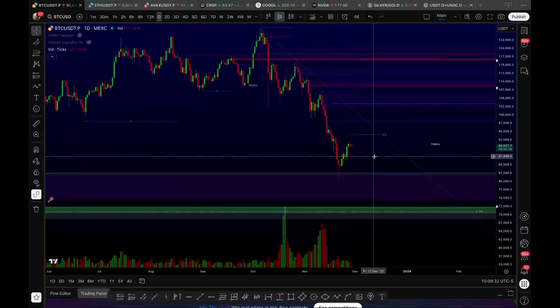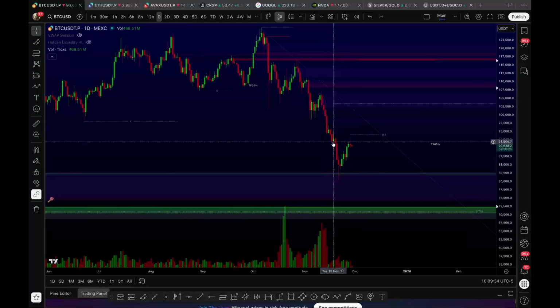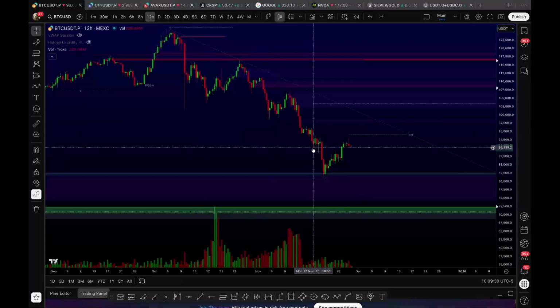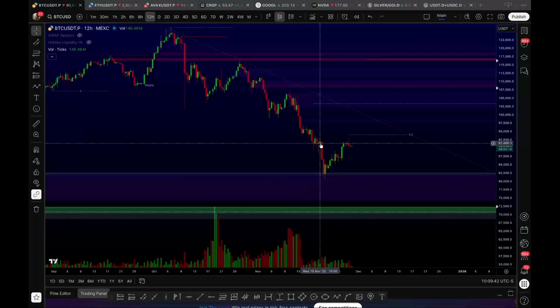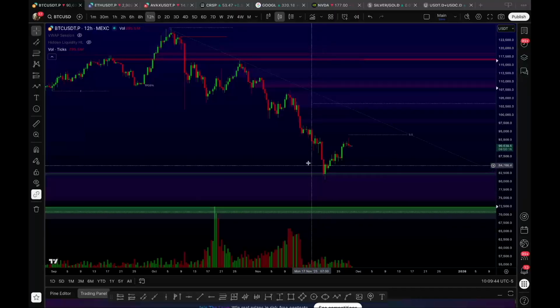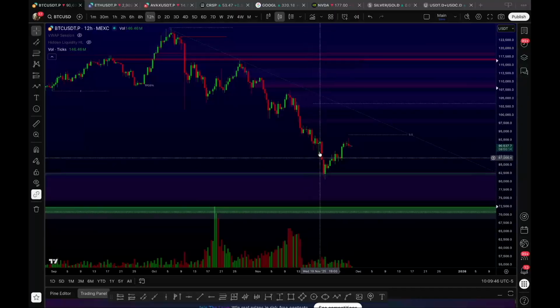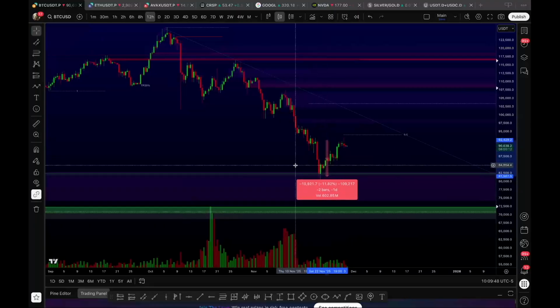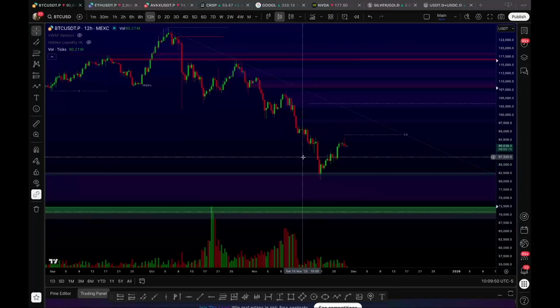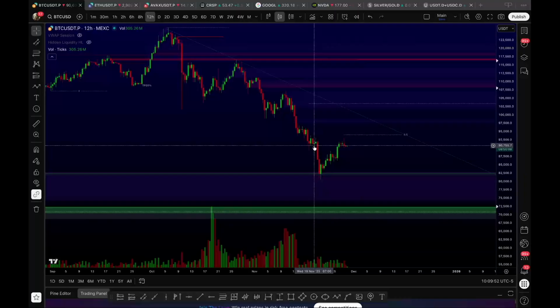If we are on the daily, this doesn't look like a lot, but if we drop a little bit down, we will see there is supply because we went sideways here for a bit and then we went down aggressive. And we went down really aggressive. I mean, we talk about like a 10% move in like one day, pretty much.